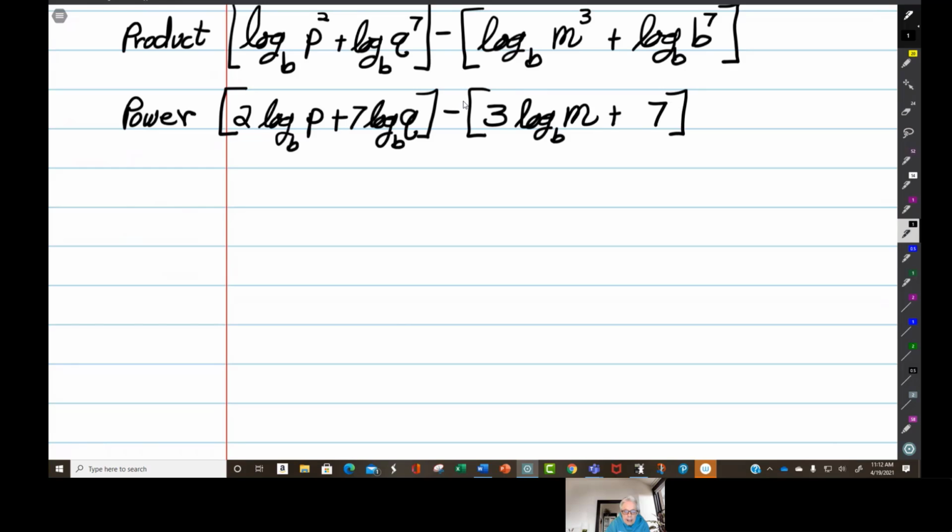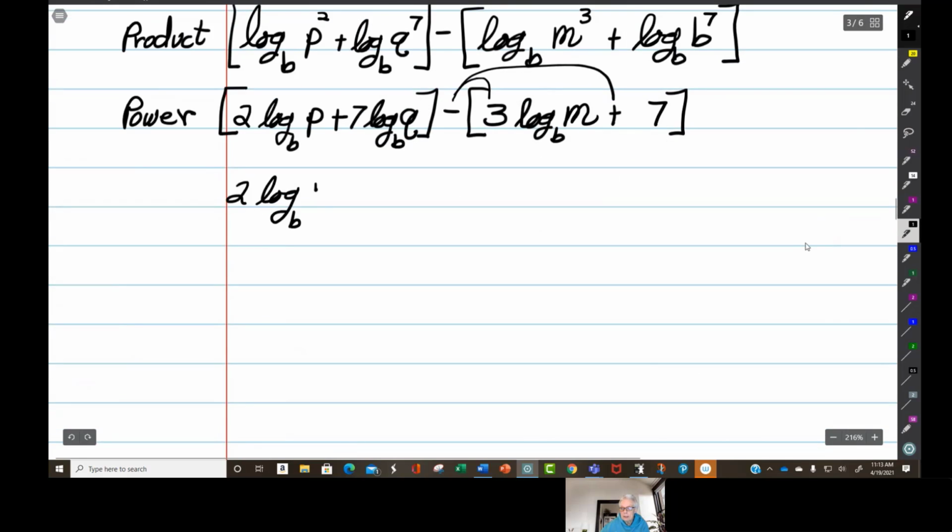Okay, in my next step, I'm going to distribute the minus sign. So I'll have 2 log base b of p, that's a lowercase p, isn't it?